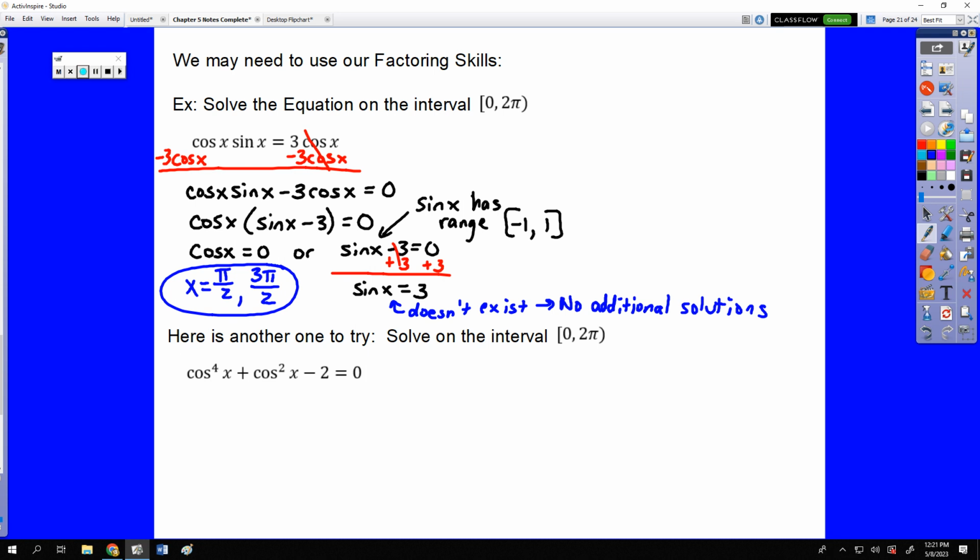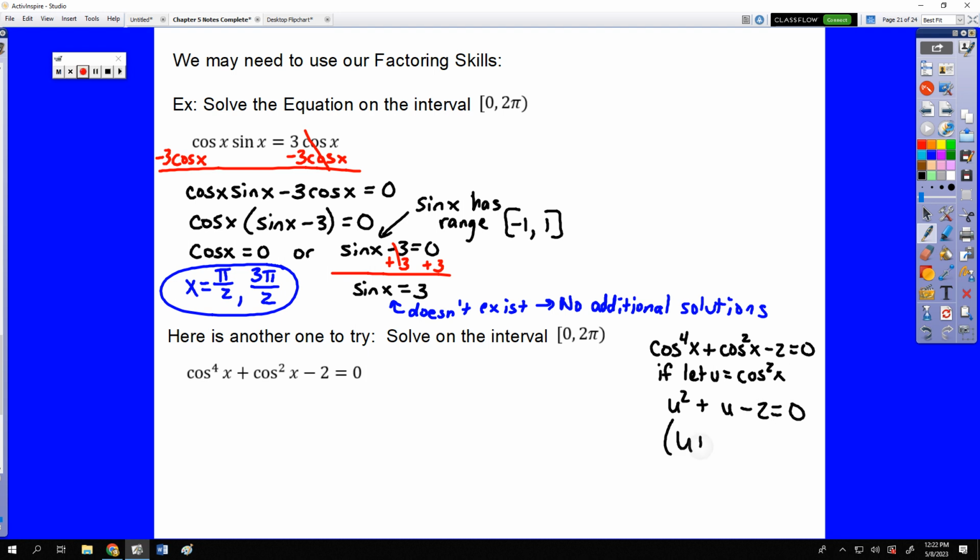Now the next one here requires us to recognize that cosine to the fourth plus cosine squared minus 2 equals 0. That is essentially a quadratic function. If we look at that, it's going to be factorable using quadratic methods. Because essentially, if we let u equal cosine squared of x, that is u squared plus u minus 2 equals 0.